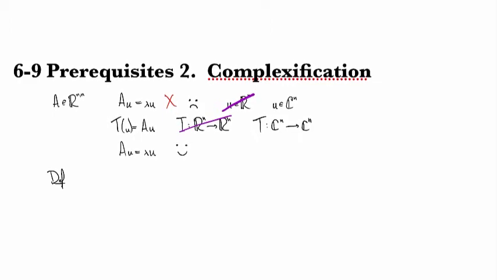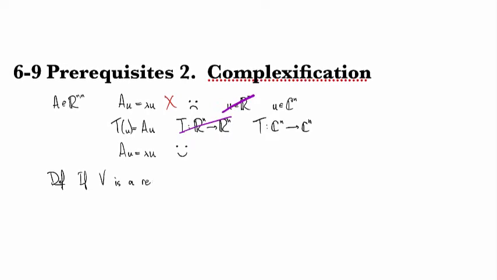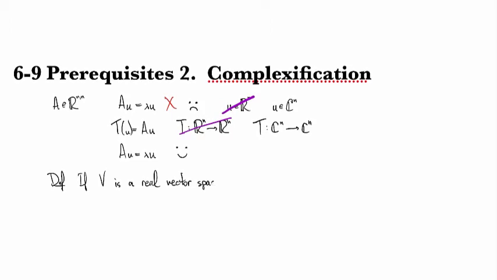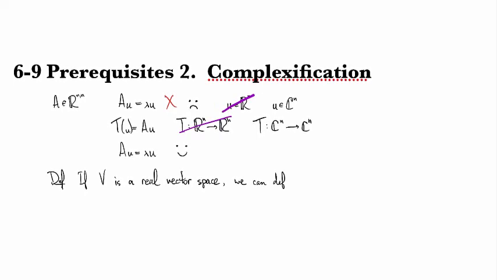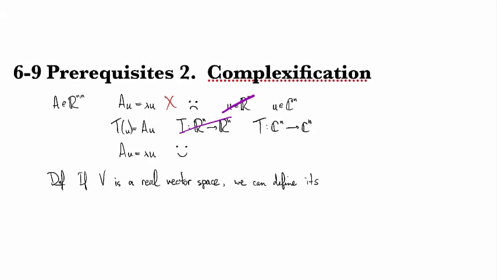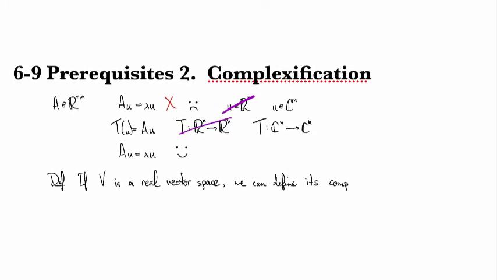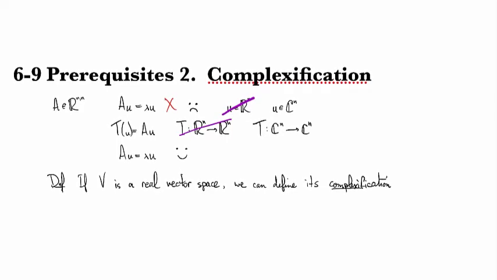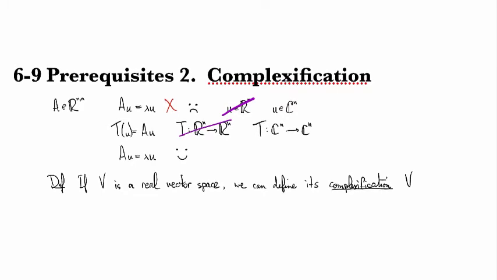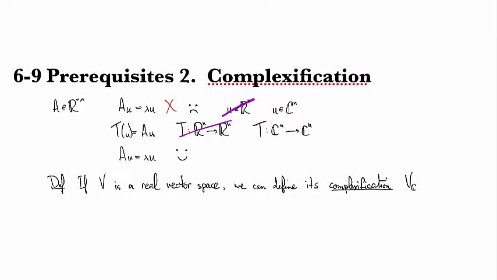So if V is a real vector space, and the real part's kind of important because otherwise you wouldn't bother complexifying it, since it would already be complex, we can define its complexification, and this will be denoted by V with a superscript C for the complex.